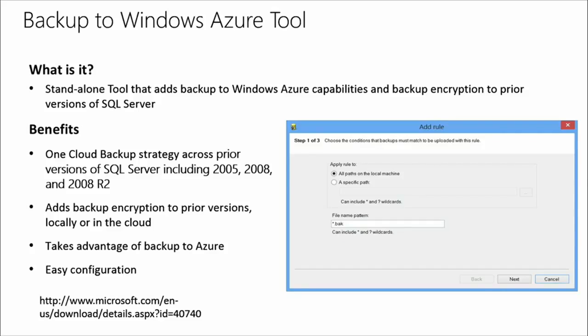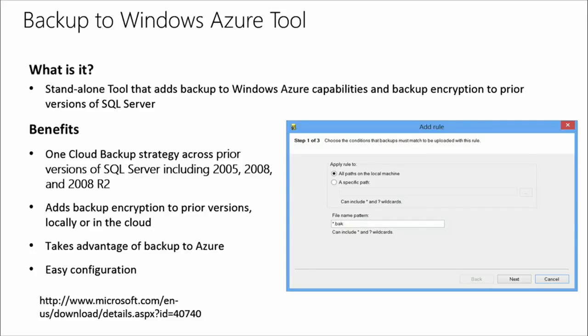So it doesn't matter if you're using SQL 2005, 2008, or 2008 R2, or 2012. You can use this tool to back up to the cloud almost from any version, as long as you have a Windows Azure storage account. This tool also adds backup encryption to these versions as well. It can encrypt and compress your backups as you need it and if you want it. And this tool is very easy to configure.